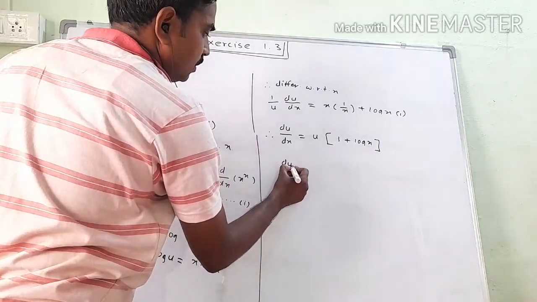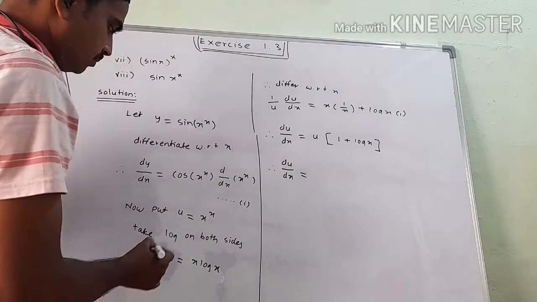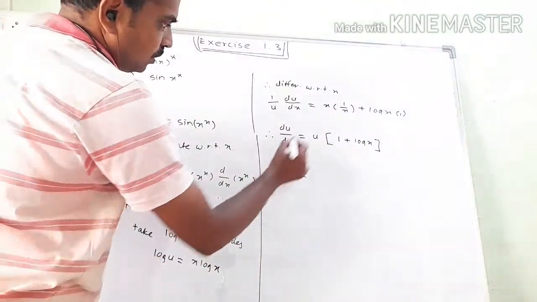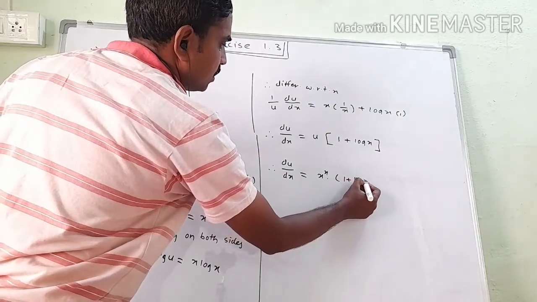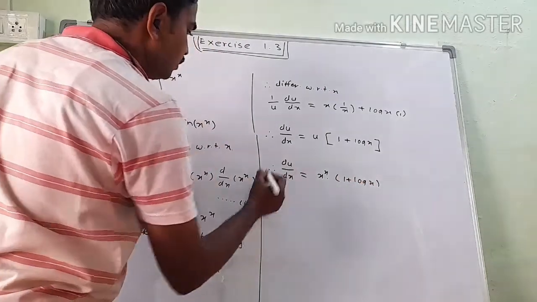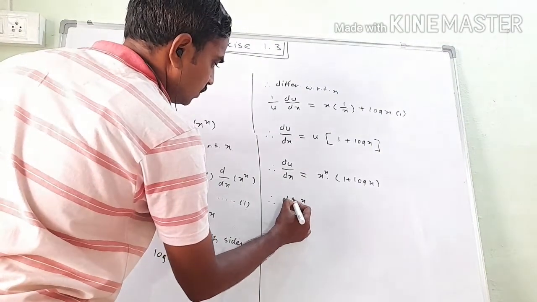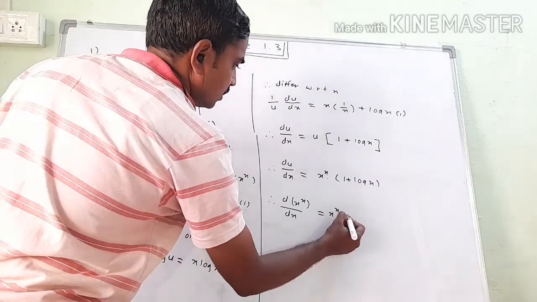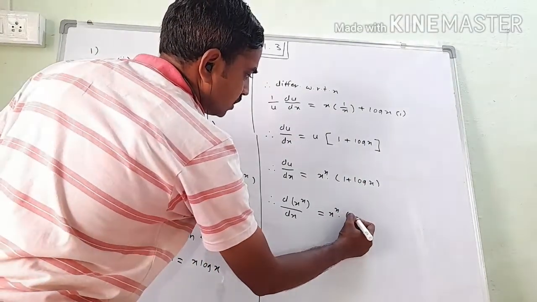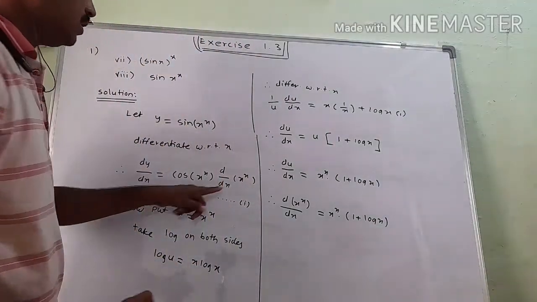By substituting the value of u, x raised to x, in bracket 1 plus log x. This is the derivative of u with respect to x, meaning this is the derivative of x raised to x with respect to x. It means x raised to x in bracket 1 plus log x. This is the derivative of x raised to x.